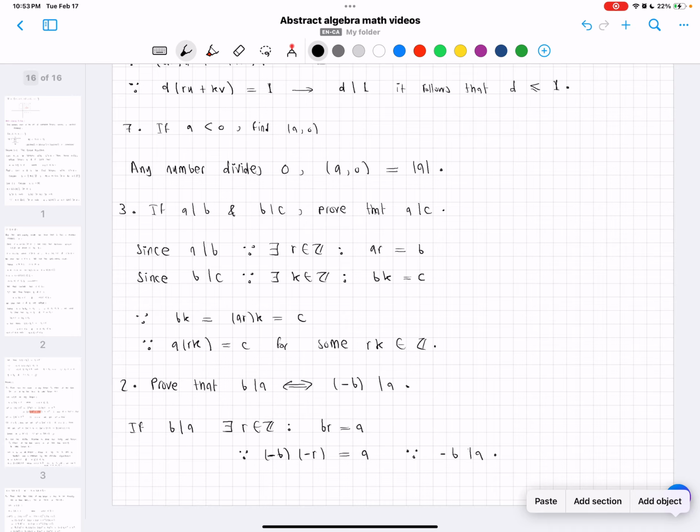And by analogous reasoning, we get the reverse implication. Argue similarly. I didn't pronounce that correctly. Argue analogously. Okay, perfect.